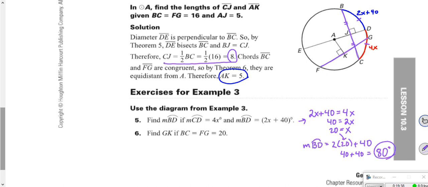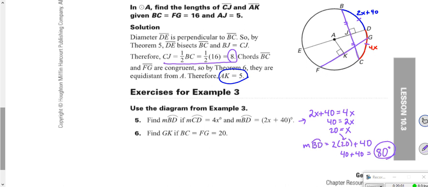Well, how do we go about doing that? If we're finding GK here, if AD bisects BC, then AK is also going to bisect because it's perpendicular.